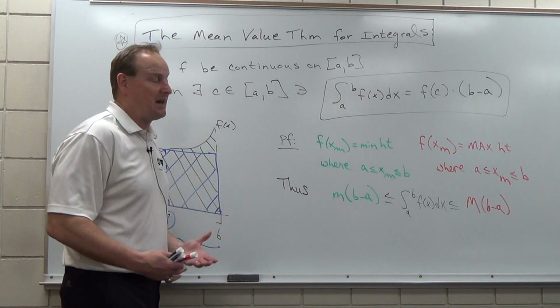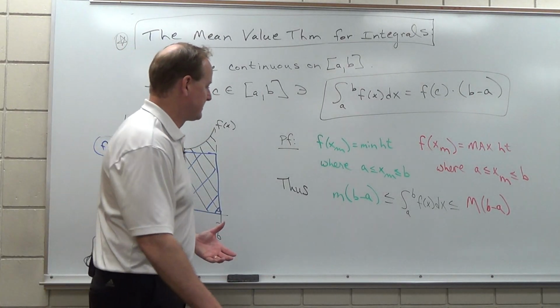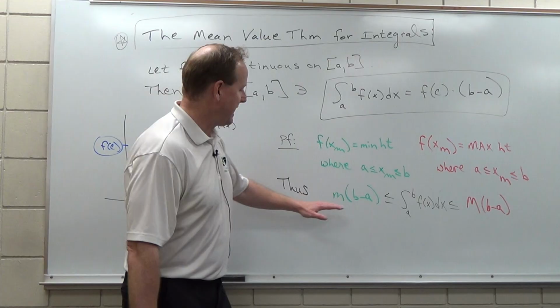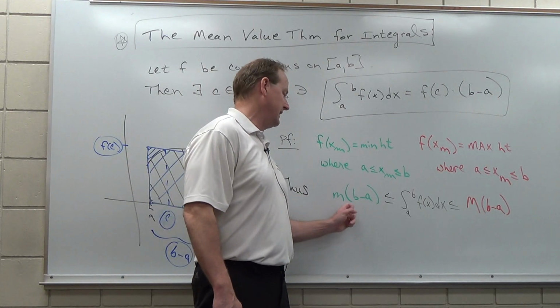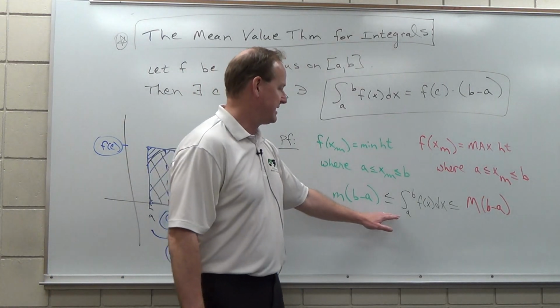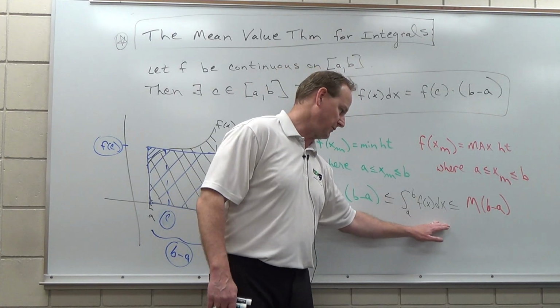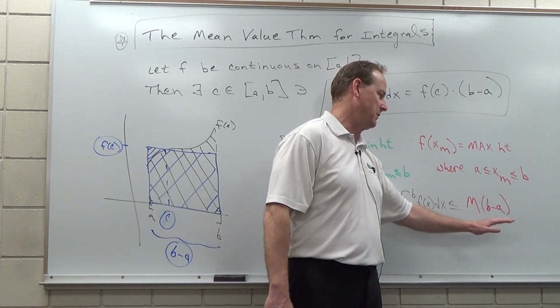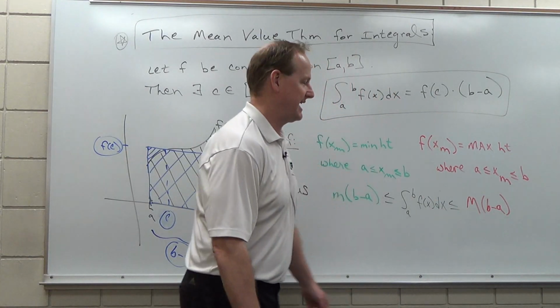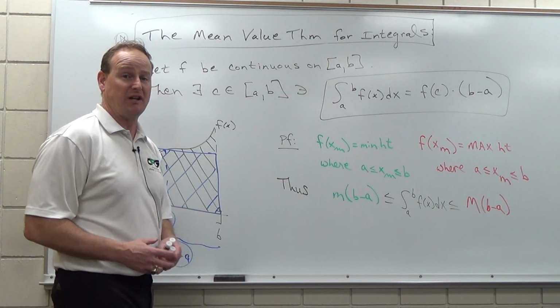So by the theorem that we just proved back when we were friends in the previous video, we know that little m times b minus a is less than or equal to that definite integral from a to b of f of x with respect to x, which is going to be less than or equal to the absolute max height times b minus a. So we do know that.